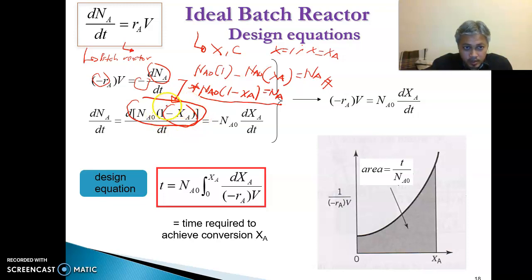So we can ignore the 1 here, because anything being differentiated with respect to Xa, for example dXa/dt, the 1 here has no Xa term, so it will become 0.